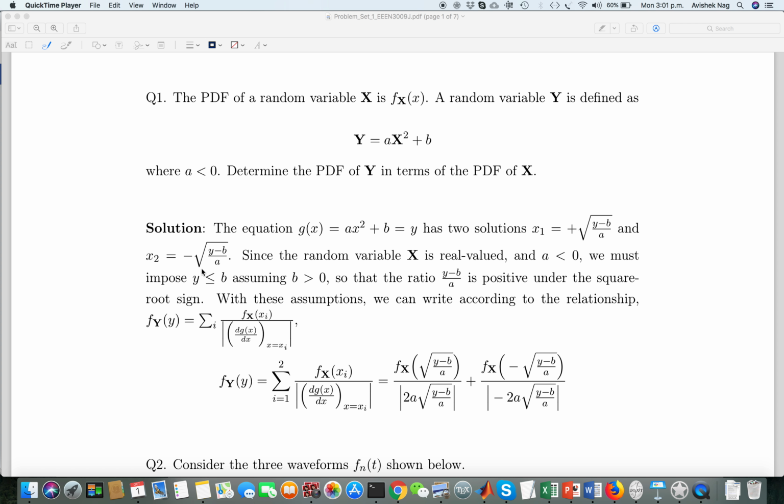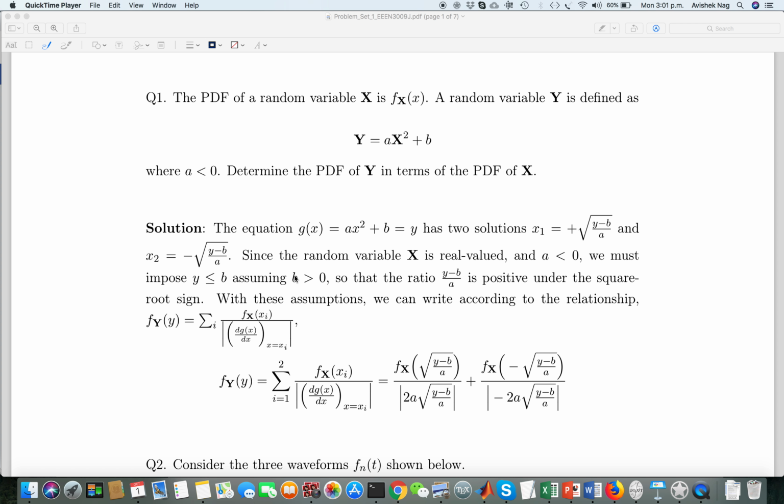Therefore you must impose the condition that y is less than or equal to b, and only in that case is (y minus b) over a a positive number, and the square root of that number gives you a real number.